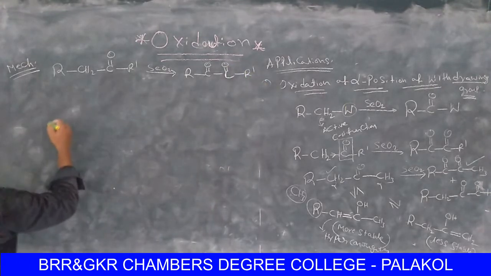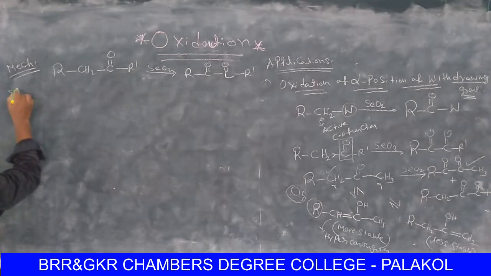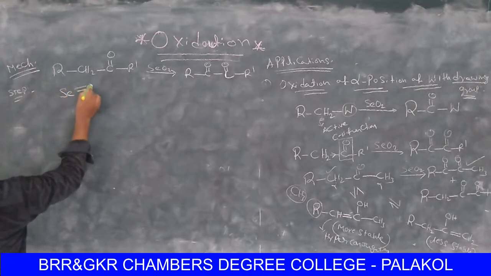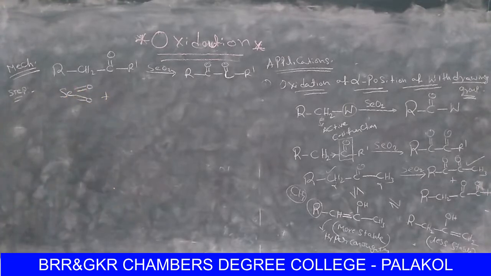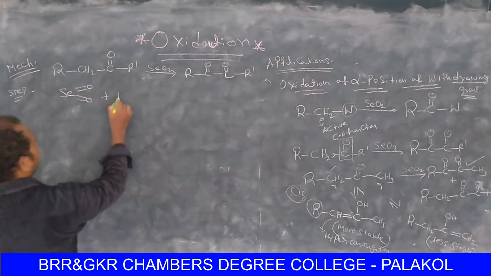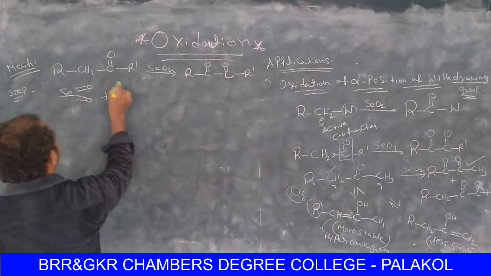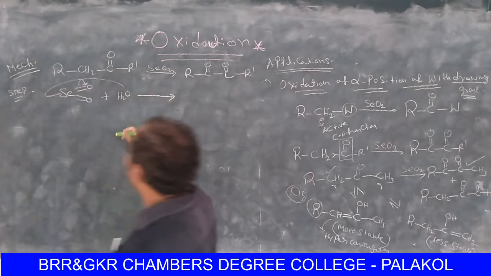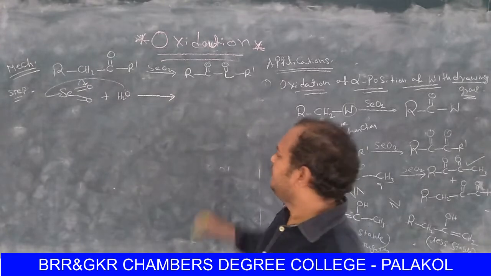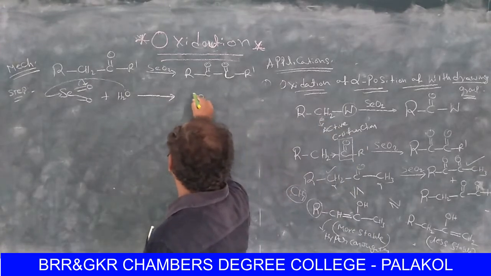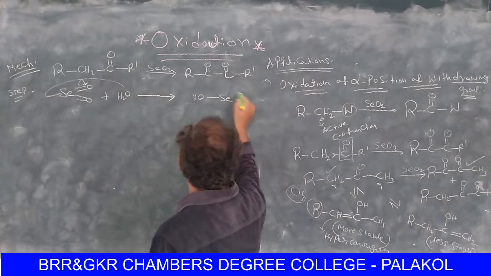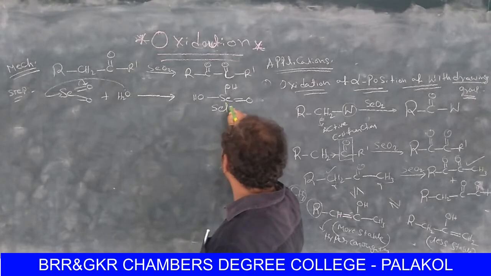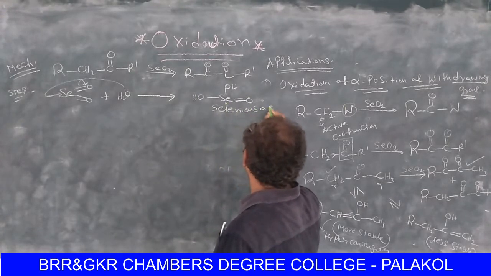Step one: take SeO2, that is Se=O. If it reacts with water, then we get selenious acid. Step one is the formation of selenious acid, right? Here, Se(OH)2 and double bond O. This is called selenious acid.